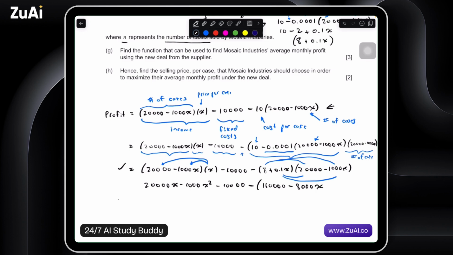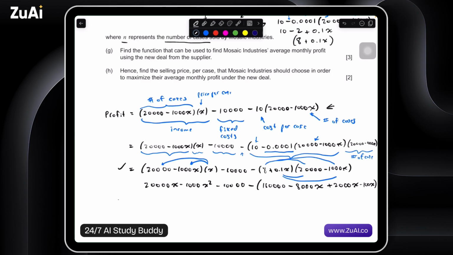This is going to be plus 2,000x, multiplying 0.1x times 20,000. And then 0.1x times negative 1,000x would be negative 100x squared.